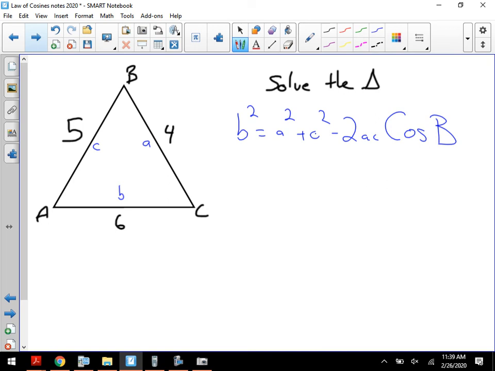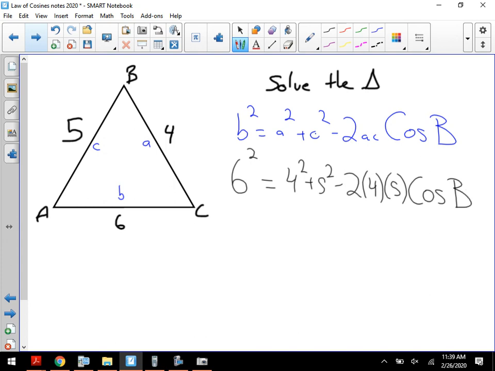So fill in everything else. Little b is 6, so I'll write 6 squared equals little a is 4, 4 squared plus 5 squared, minus 2 times 4 times 5 times the cosine of b.